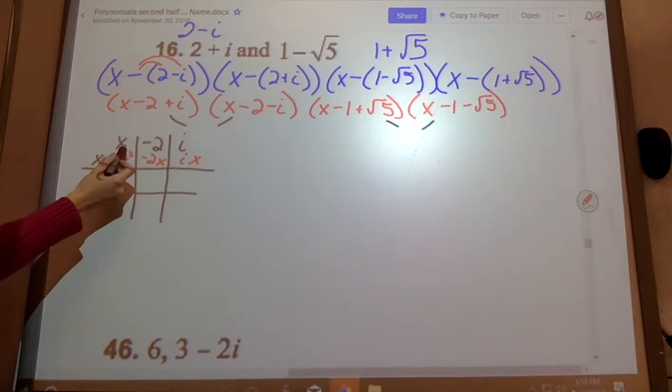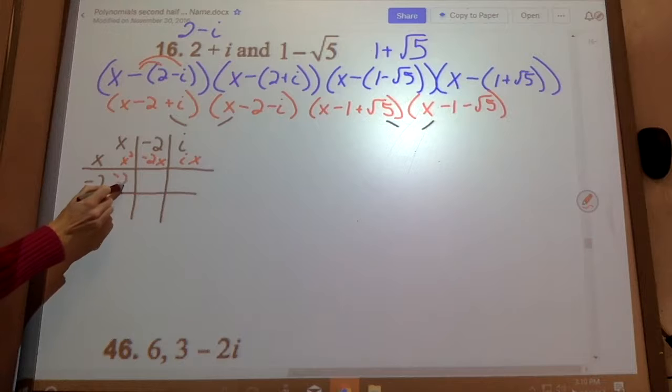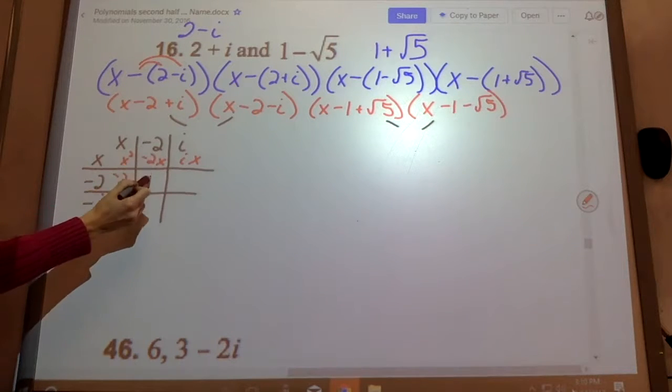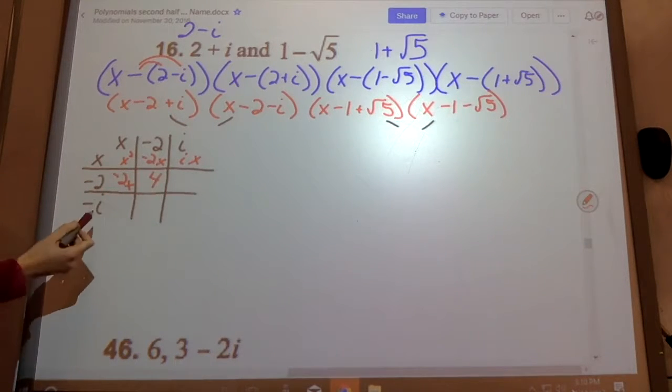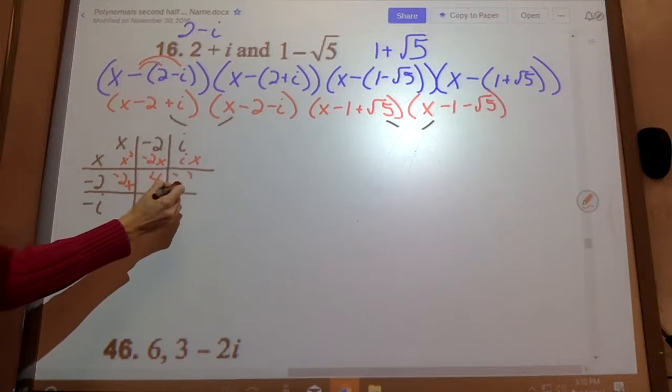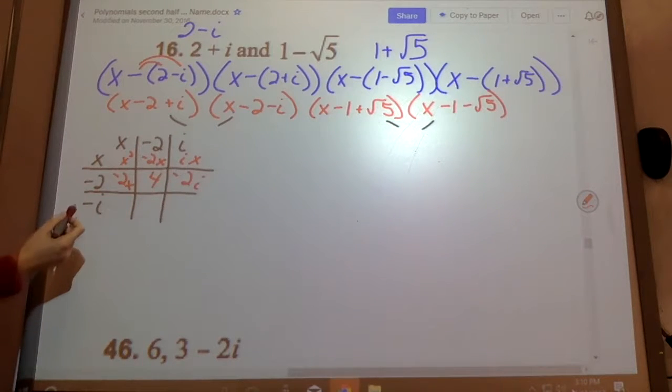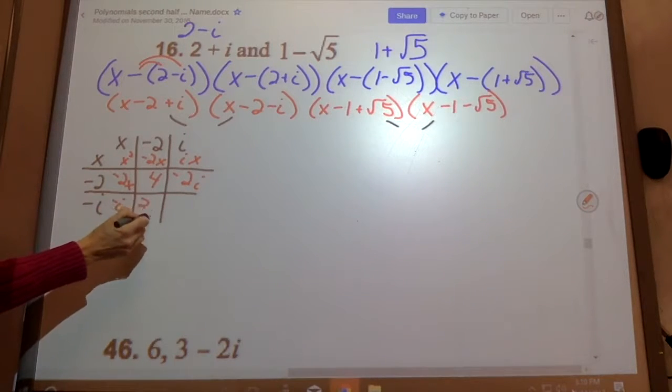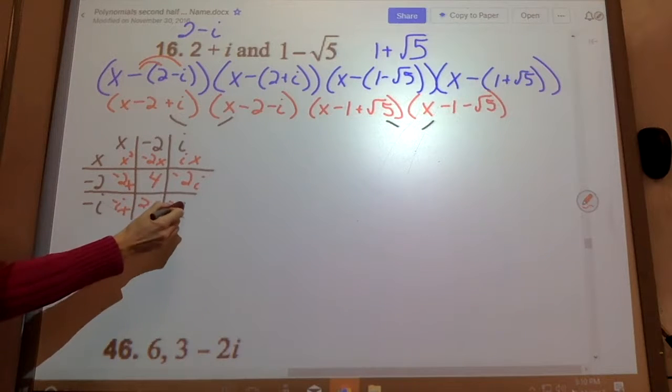And then you do the second one. Negative 2 and x is negative 2x. Negative 2 times negative 2 is positive 4. Negative 2 times i is negative 2i. Negative i times x is negative ix. Negative i times negative 2 is positive 2i. And then negative i squared.